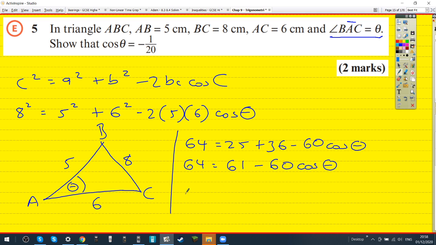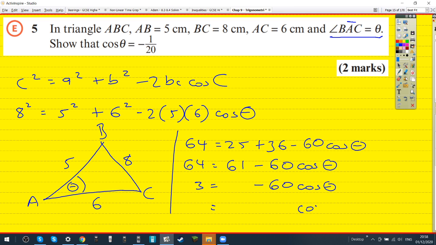And then could you minus 61 on both sides? Yep. Which gives you 3 equals minus 60 cos theta. Yep. And then could you divide by 3 on both sides?